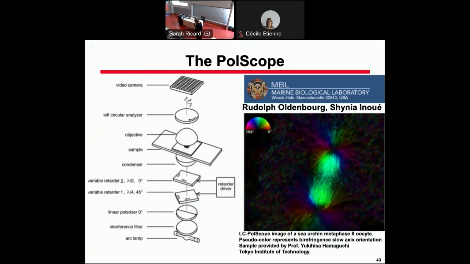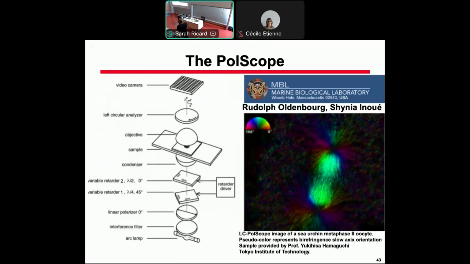But the instrument has been greatly improved by the group of Shinya Inoué at the Marine Biological Laboratory. They developed many fancy microscopes, and the so-called PolScope is very interesting.